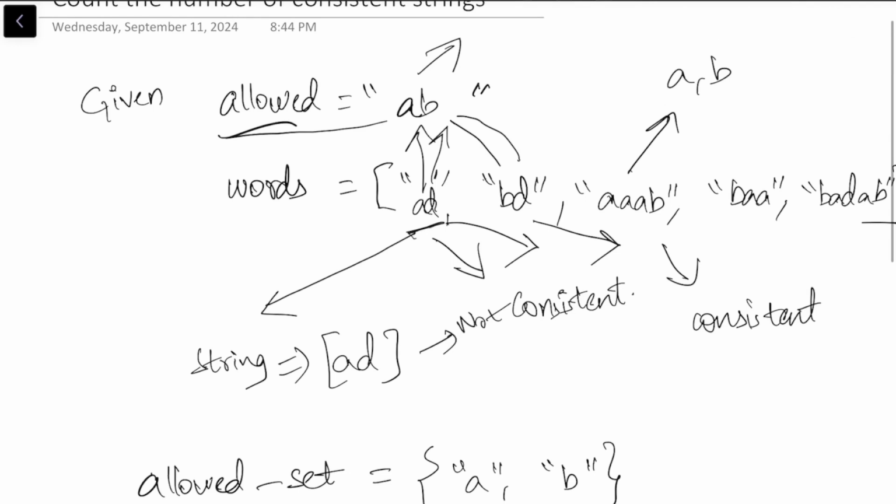Check each string by unioning it with the allowed set. Make the word into a set and check the union of the two sets. If the length of the union is greater than the length of the allowed set, then it is not consistent.